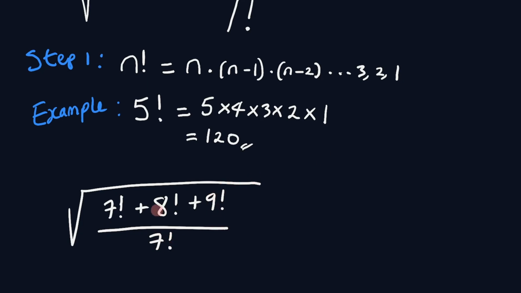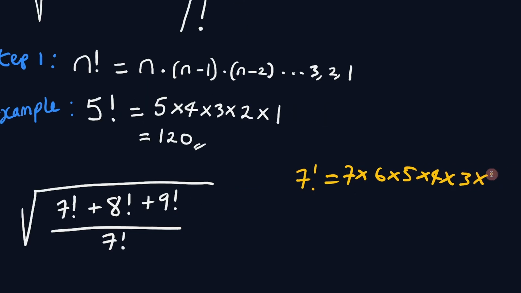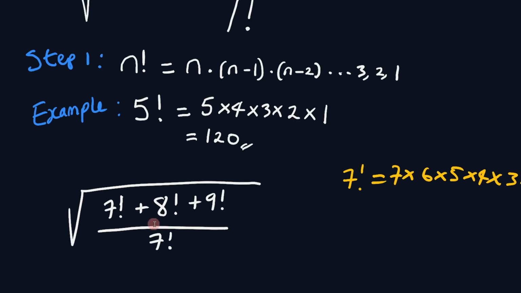If we go this route by saying, let's first of all find 7 factorial, we say 7 times 6 times 5 times 4 times 3 times 2 times 1. It will take us time to solve this simplification question, and we will have large numbers that may be difficult for us to handle.